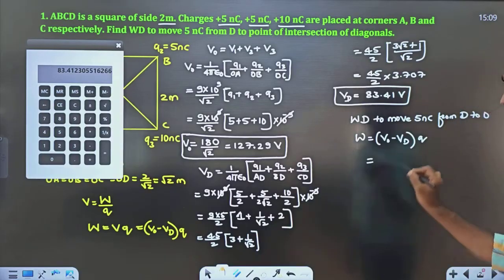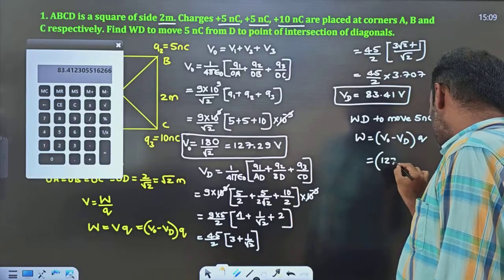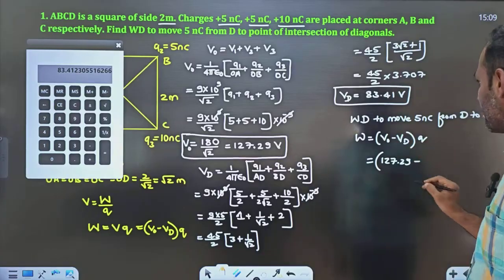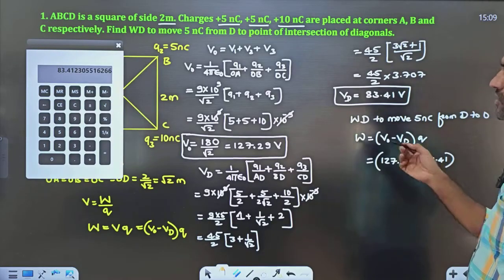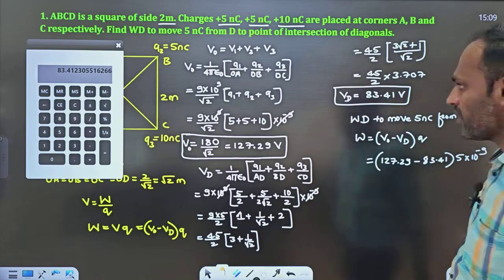So potential at O is how much? 127.29, minus potential at D, how much? 83.41, into the charge which we are moving, 5 nanocoulomb, 5 into 10 raised to minus 9. That is the charge we are moving.